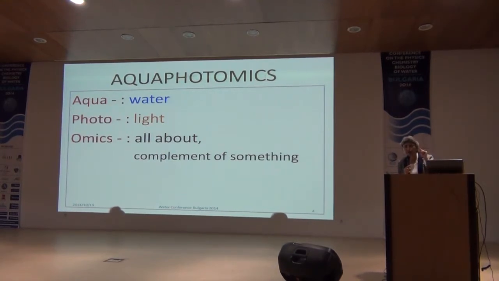Visible light is reflected by water, just a little bit of light. Infrared light is absorbed but not fully absorbed. So infrared light goes into the water, gets absorbed at a certain level and gets back.